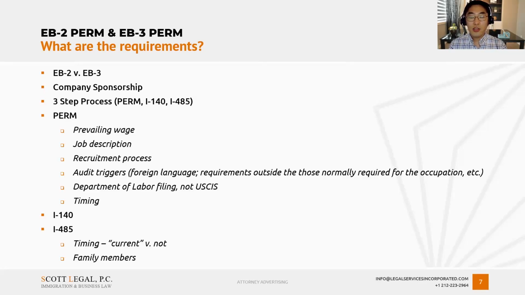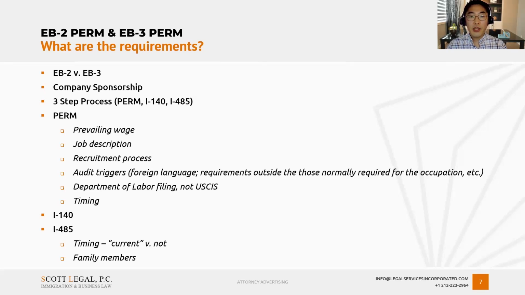Some people call it the labor certification process, some people call it just EB3, but PERM basically means the case that goes through the Department of Labor first, and once it's approved, then you can finally file your green card case with USCIS.